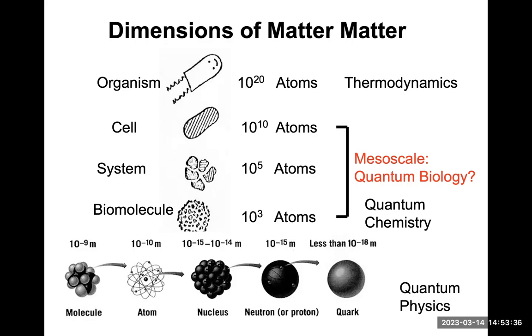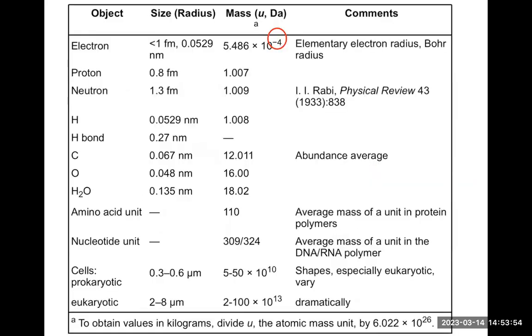Now, beyond that, so far, at the level of organisms, we use mechanics and thermodynamics and these kinds of, and of course, morphological analyses, but nothing really as sophisticated as quantum physics.